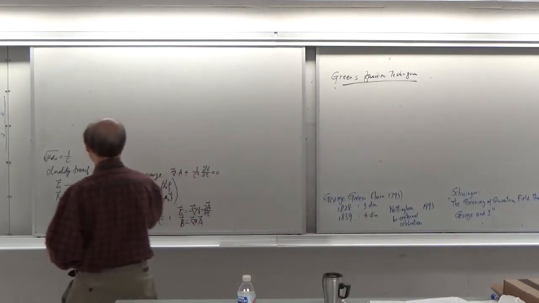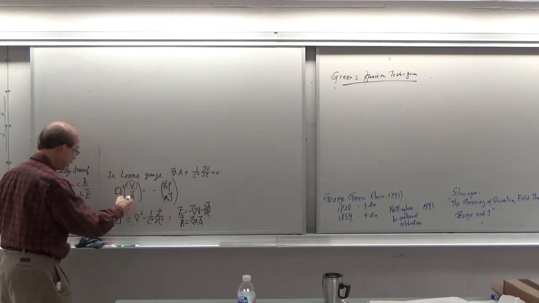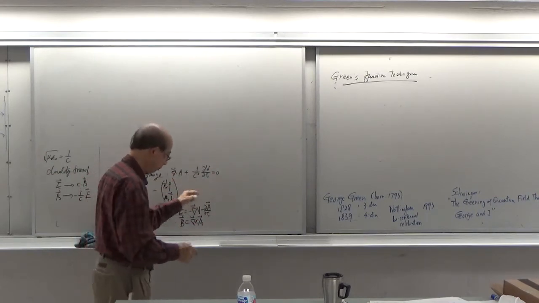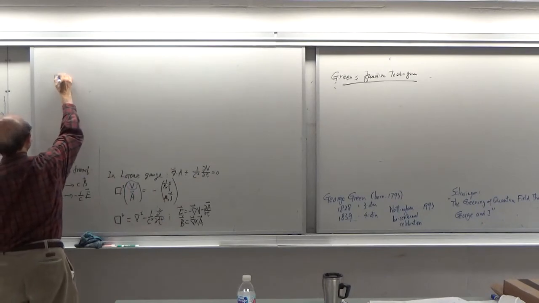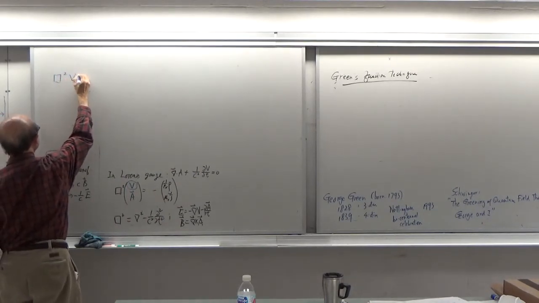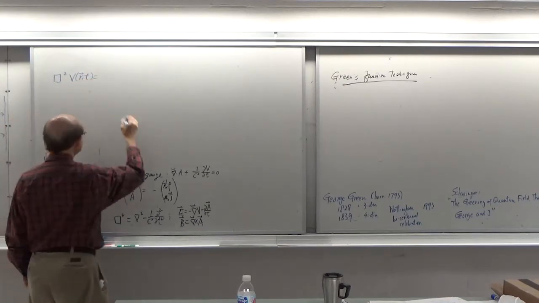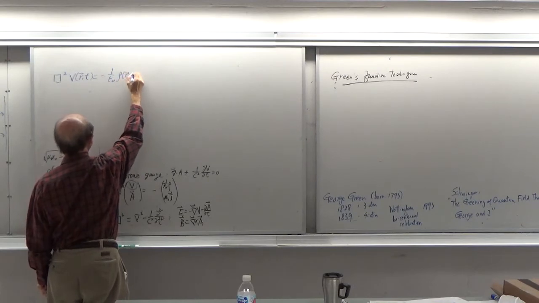Let me in fact just concentrate on V, since A is a vector and slightly more complicated, I have to remember to put an arrow. Since they look the same, let me concentrate on the D'Alembertian acting on V, which is a function of position and time, and that's equal to minus 1 over epsilon naught rho of r and t.